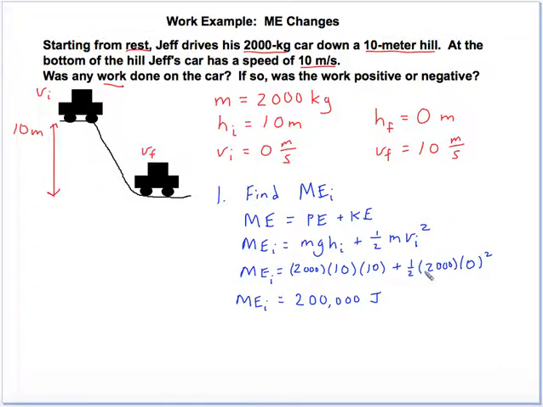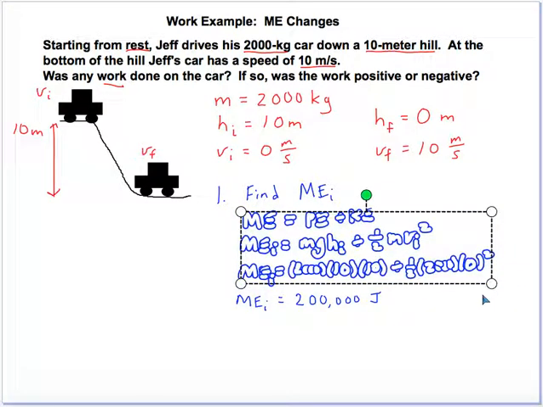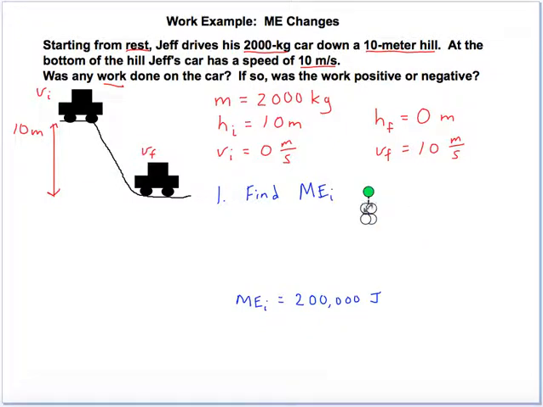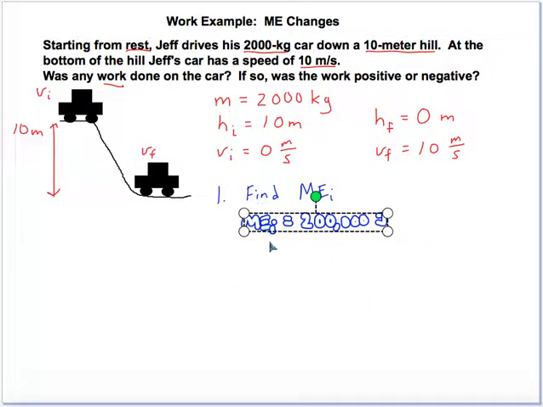This part is all 0, and this part gives us 200,000 joules. So I'm going to clean this up a little bit so that we have some room, but of course you can always rewind this video to see all that work.